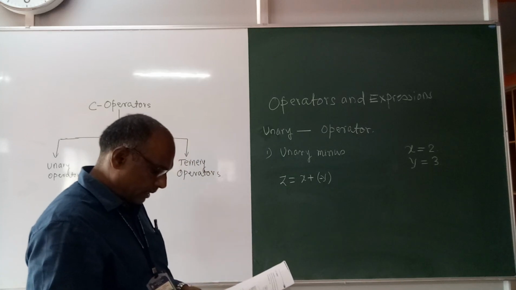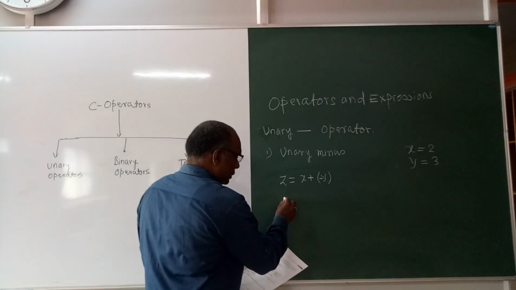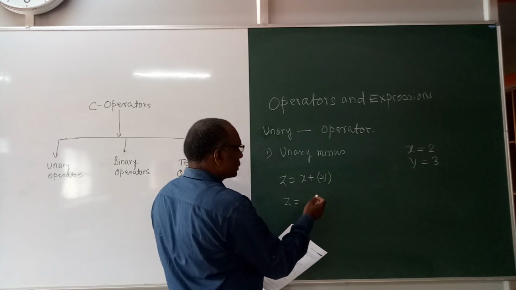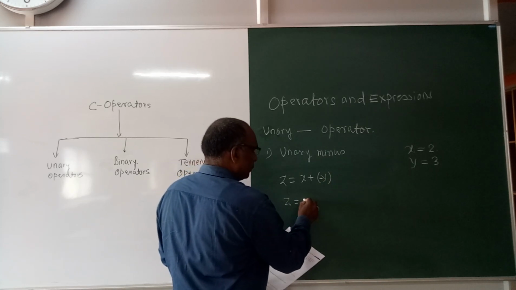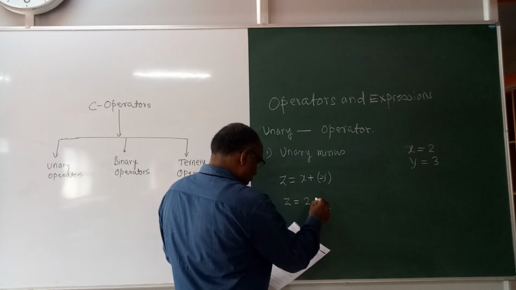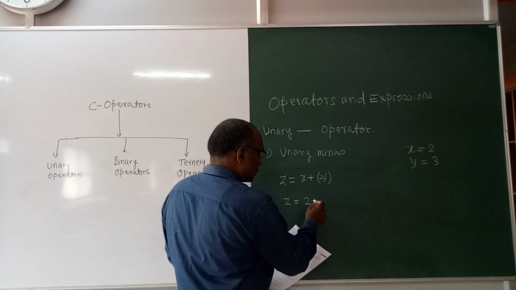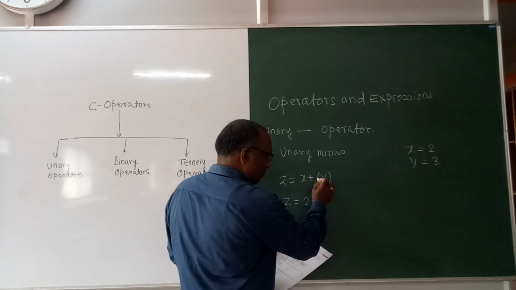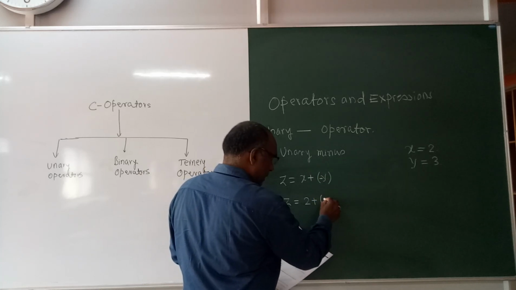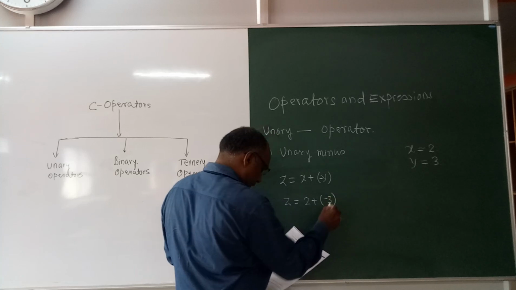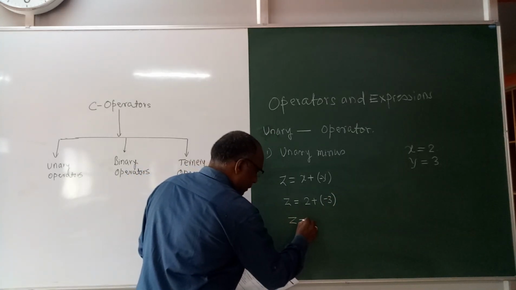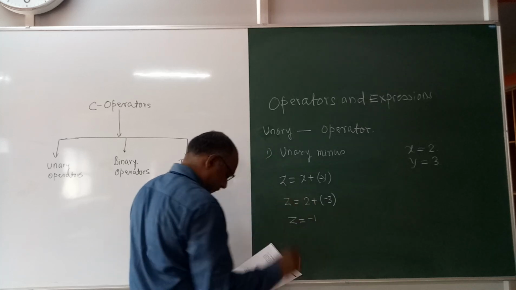So here x is equal to 2, and y with the unary minus is minus 3, and then z will be equal to minus 1.